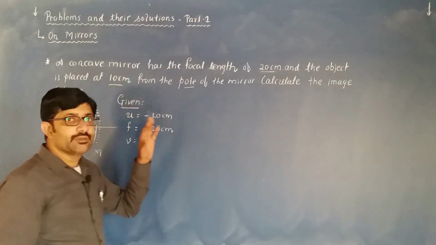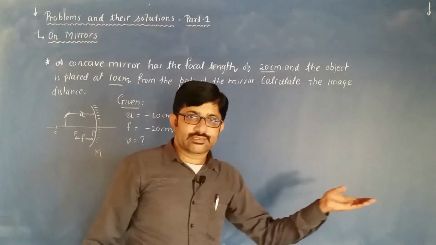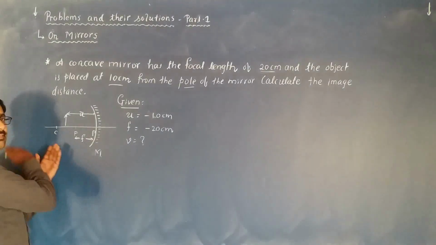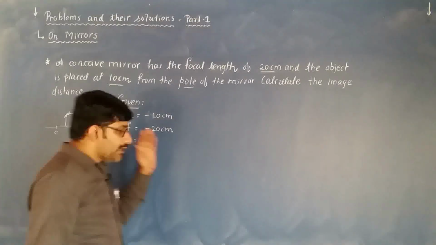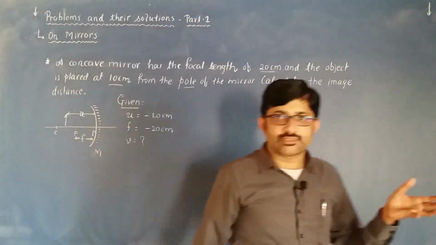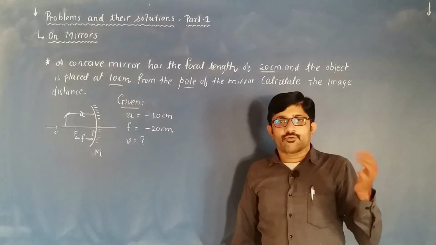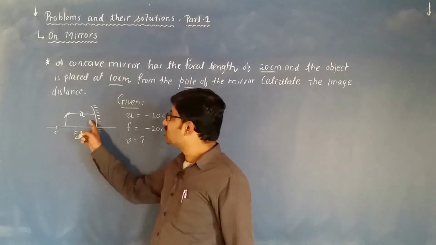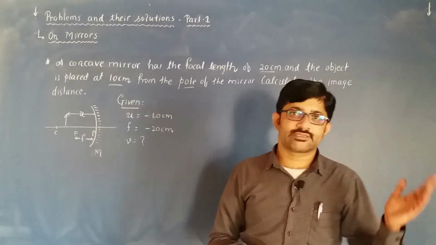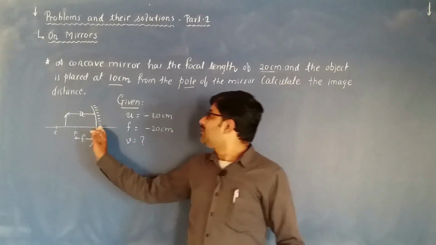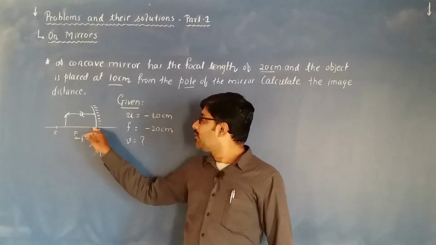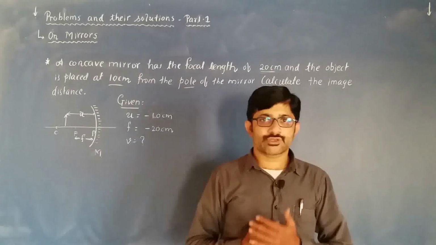That will be the object distance. I have taken here negative 10 because it is on the left hand side, as we are already aware of the sign conventions. All the distances measured to the left of the pole of the mirror are taken as negative, and on the right side they are positive.